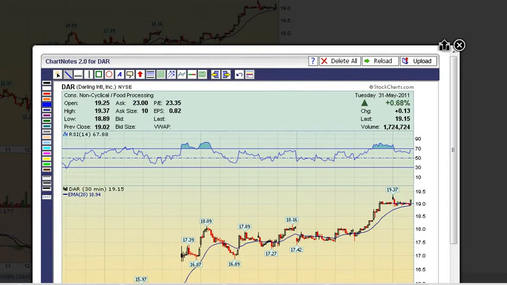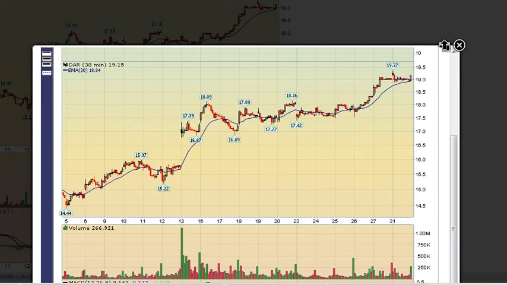For example, as you can see here, this was the ascending triangle. This is the 30-minute chart here, and it's very visible on the 30-minute chart. It's a beautiful ascending triangle, a bull flag type pattern.